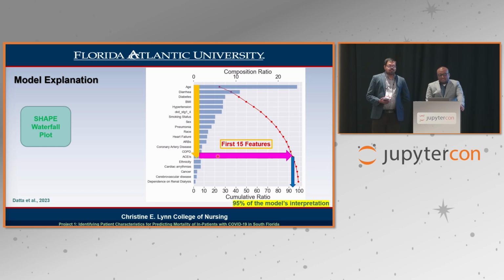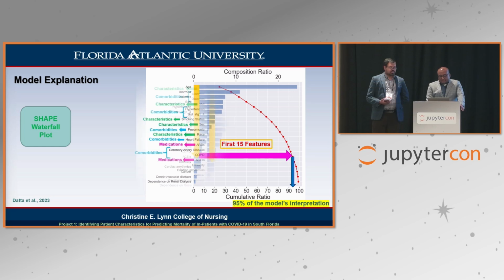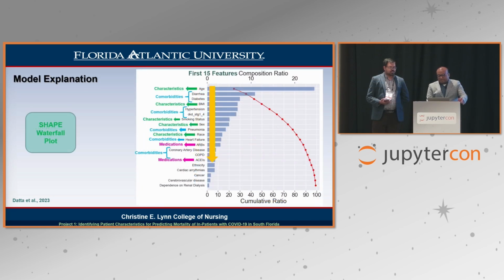The first 15 features give you an idea whether the patient is susceptible to die or not. And these first 15 features come from all groups: 5 are from patient characteristics, 8 are from pre-hospital comorbidities, and 2 are from medication categories.